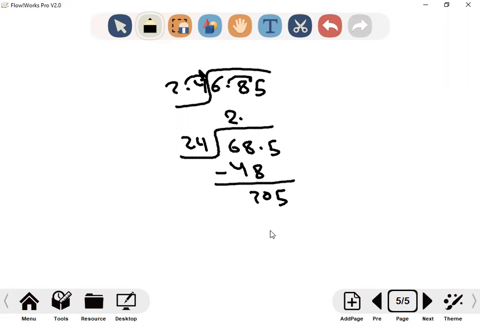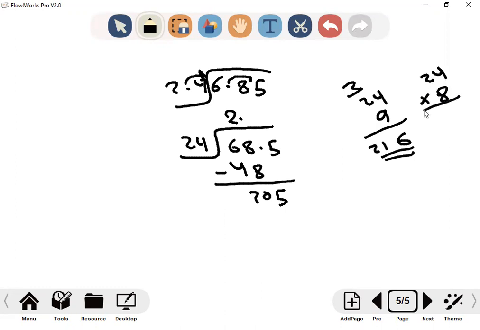Let's check 9. 9 by 24, 6, 3, 18, 21. Right? 216 is more than 205. So I need to check what? 8 by 24. 8 by 4, 2, 3. 8 by 2, 16 with the 3, 19. Right? Put here what? 8. 8 by 24, how much? 190. Subtract and do the same. So the answer is what here? 2.8 something, right? The answer will be 2.85.